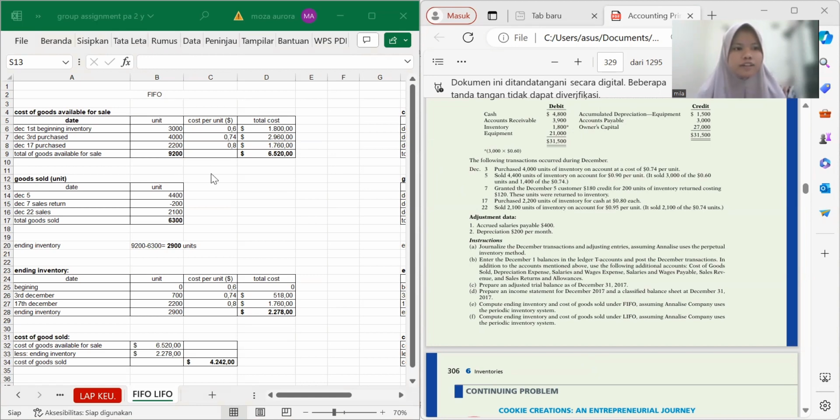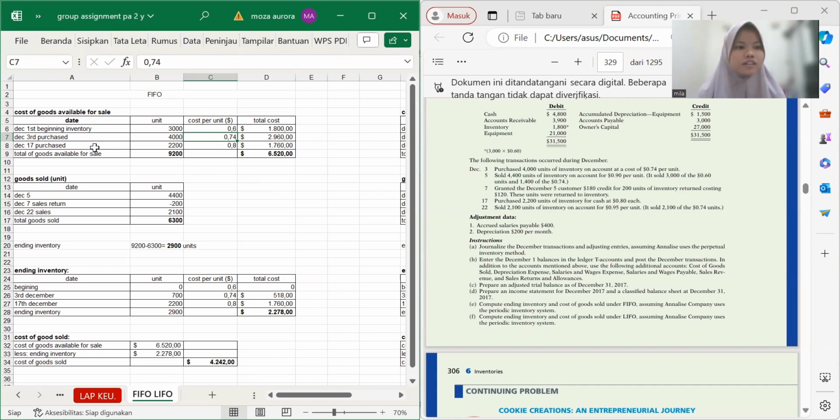On 1 December, beginning inventory, we have 3,000 units and the cost per unit is 0.6. So the total cost is $1,800. And on 3 December, the company purchased 4,000 units with a cost per unit of 0.74, and the total cost is $2,960.